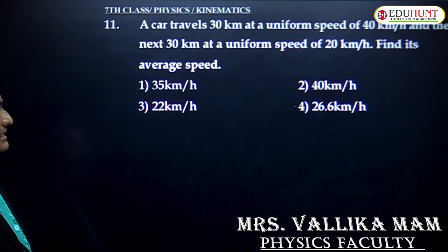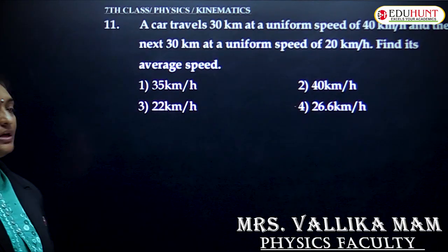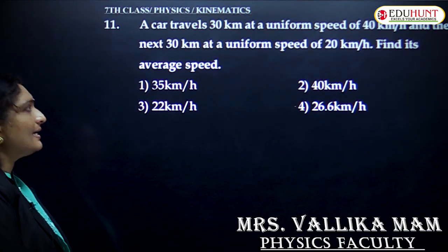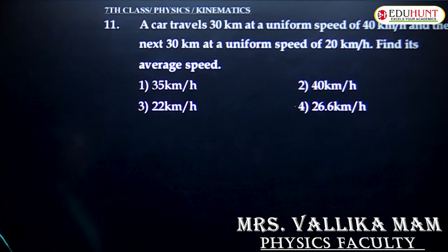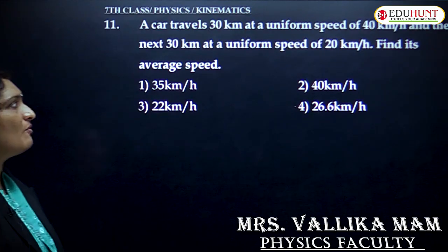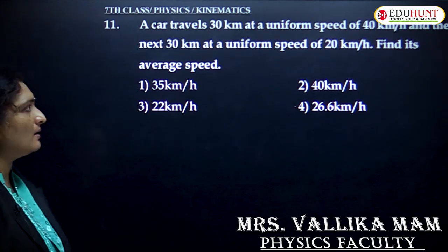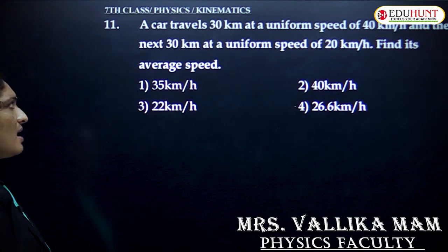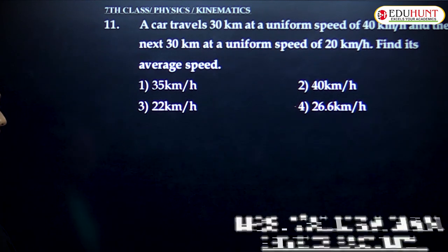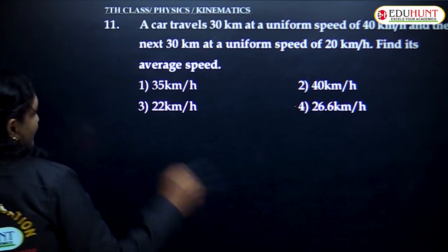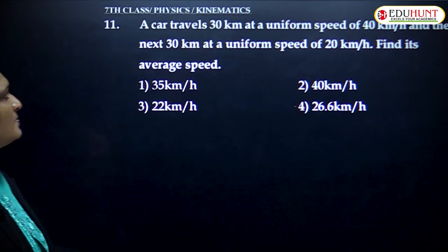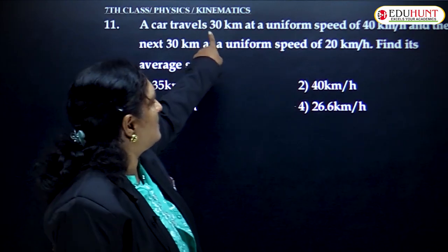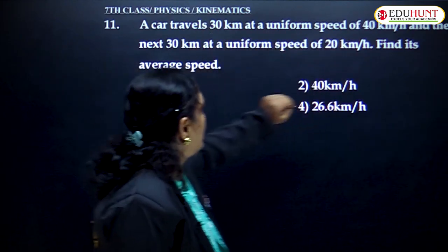A car travels 30 kilometers at a uniform speed of 40 kilometer per hour and the next 30 kilometers at a uniform speed of 20 kilometer per hour. Find its average speed. So, children, is it a uniform speed or non-uniform speed? Earlier 30 kilometers at 40 kilometer per hour.